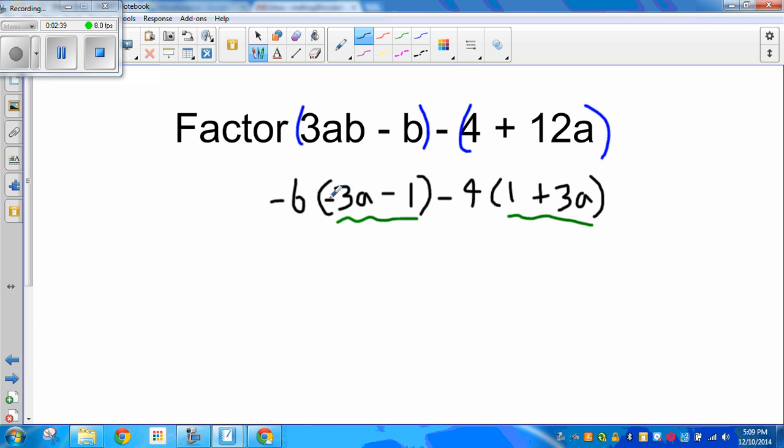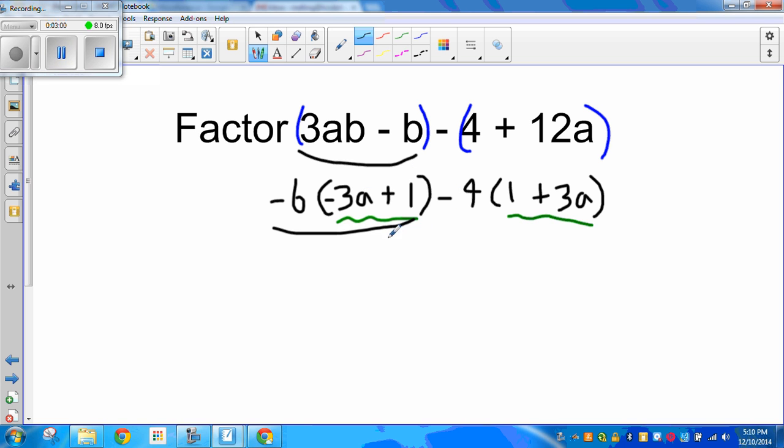And now negative b times negative 3a would still give me positive 3ab. Same thing over here. Negative b times negative 1 would give me a positive b, and I had a negative b in the first place. But if I change that to a plus sign, now I'll get that negative b again. So this works. This right here is exactly the same thing as this.